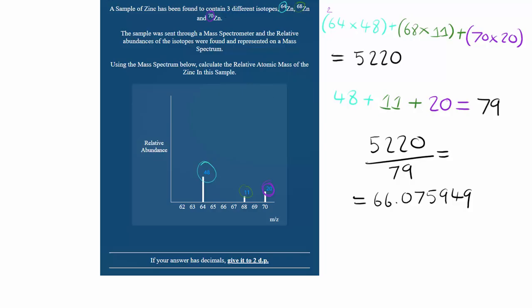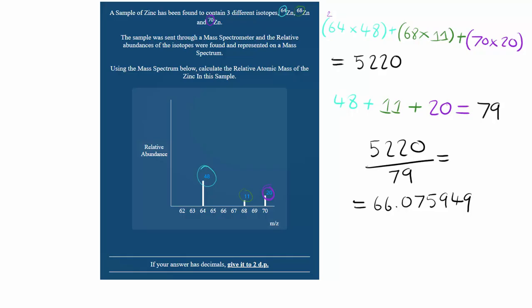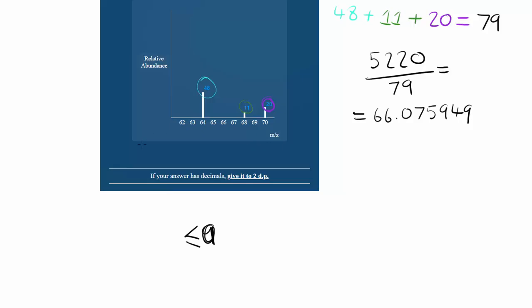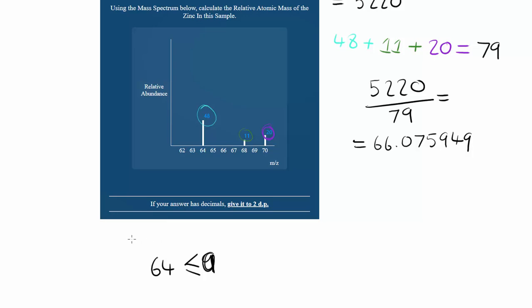As a rule of thumb, when we've got a range of isotopic masses, we'd expect our answer, which I'll call A, to be greater than or equal to 64, purely based on the isotopes provided in the question, and less than or equal to 70.